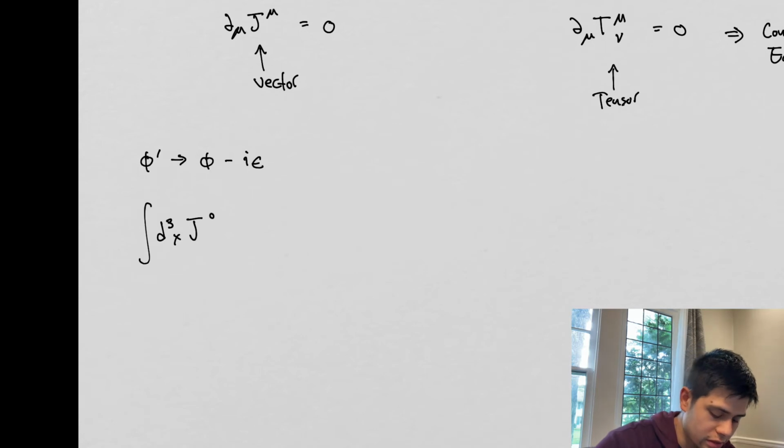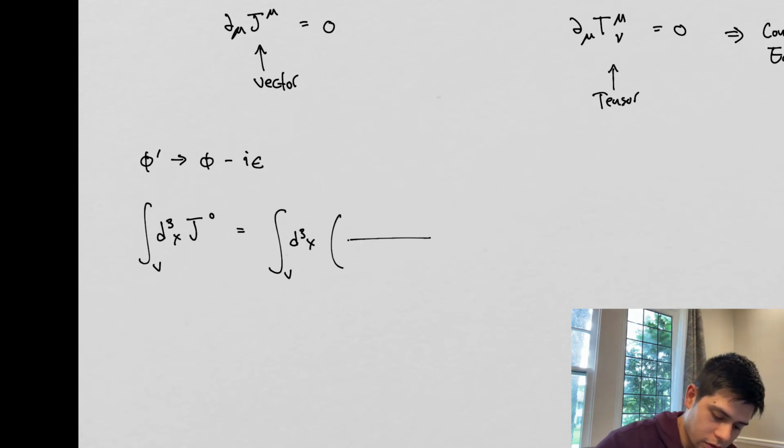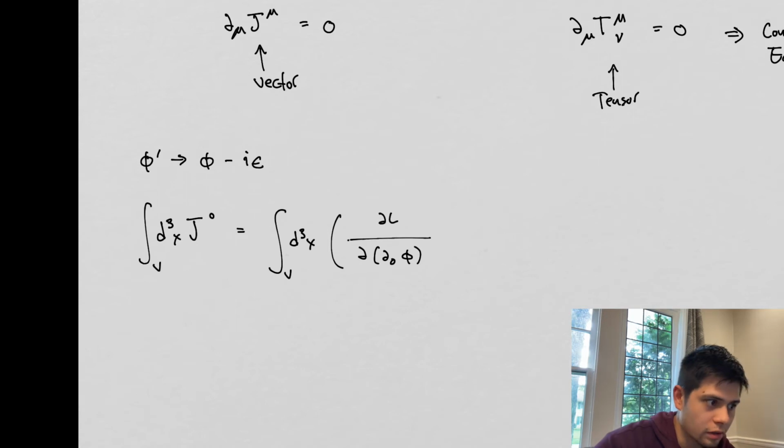When we consider the 0th component of this vector, this really just means we're considering the integral of dL d0 phi times the change in phi, which is i epsilon, which is what, because we said that the change was right here.